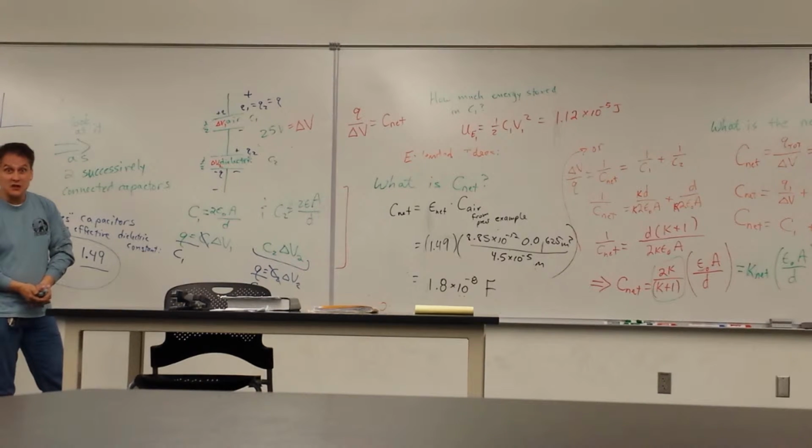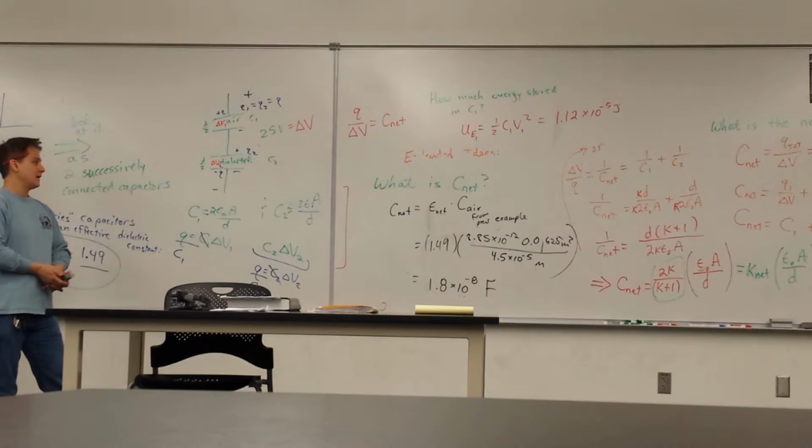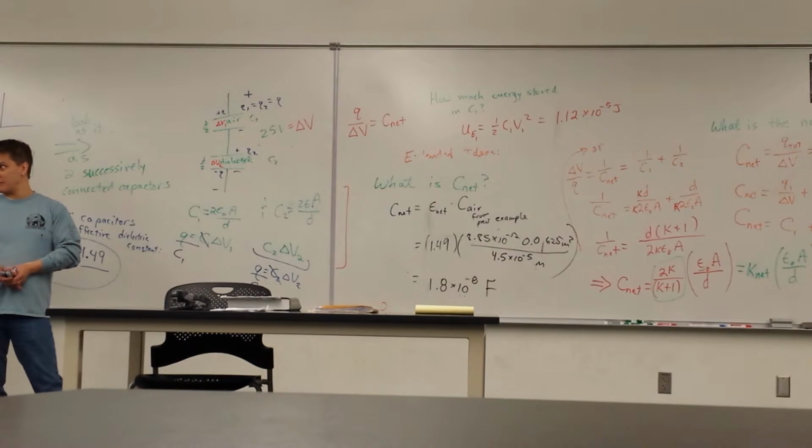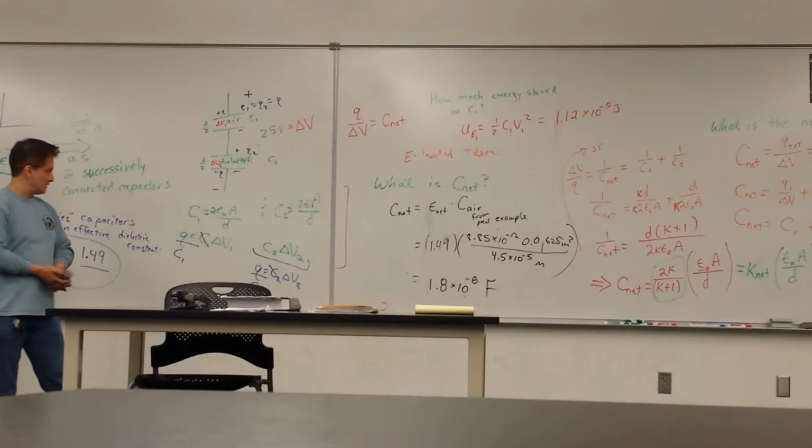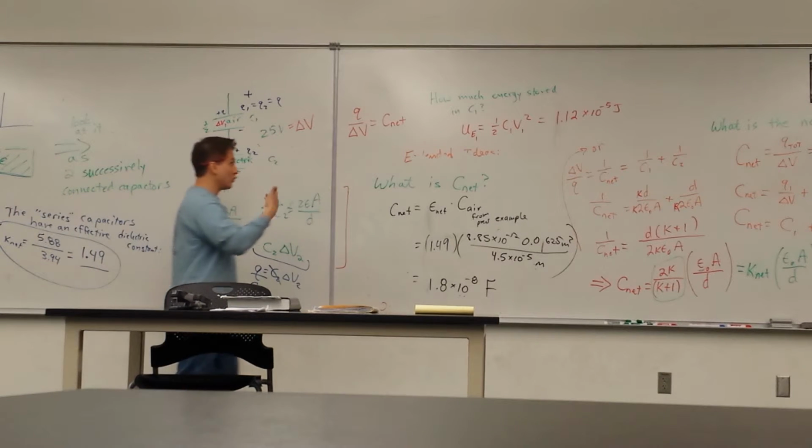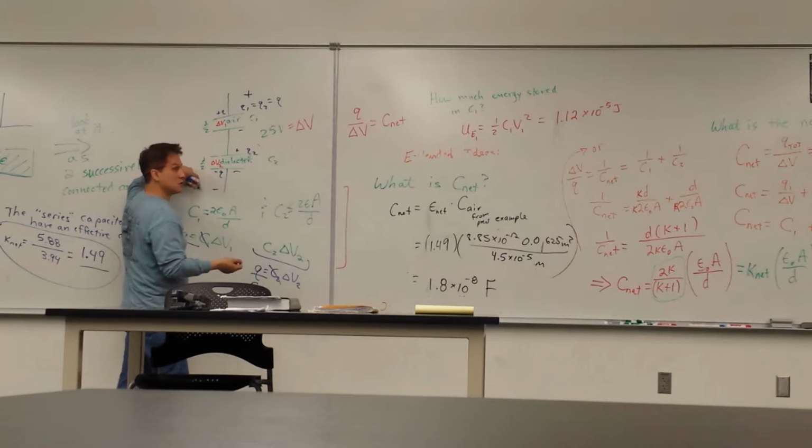I left out my units for epsilon naught. So what is Q? And what are the V and the E across each capacitor? What are the values? What is Q? What is delta Q?